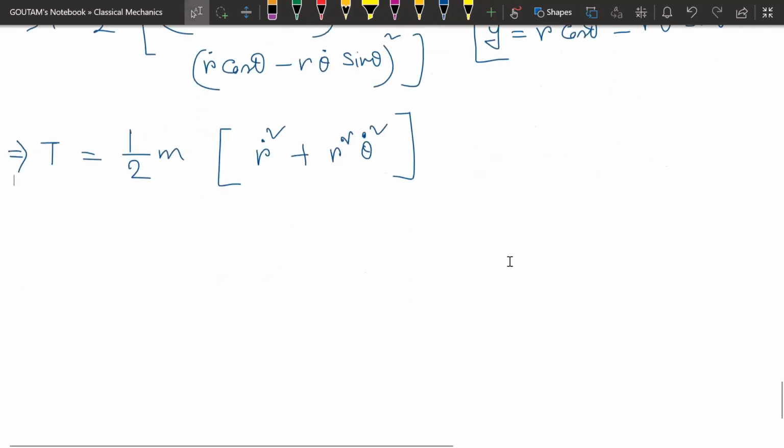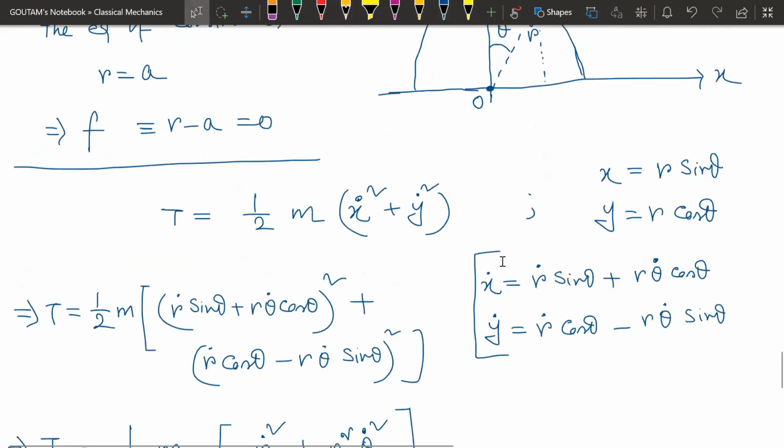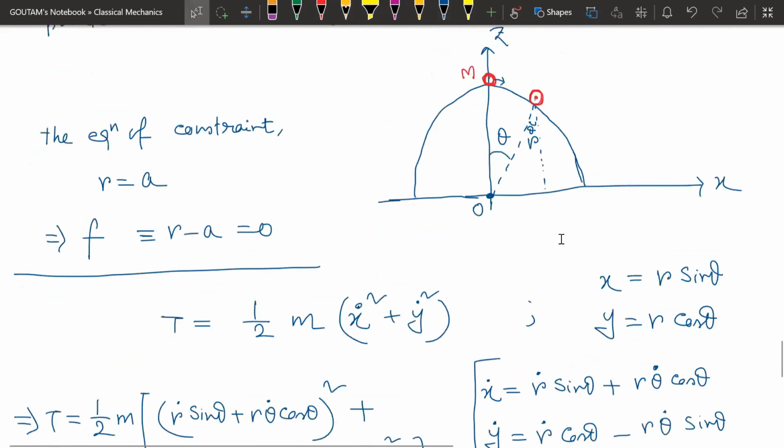And the potential energy will be mgz, right? Okay, it is not y, it's z. We eliminated the y-axis.